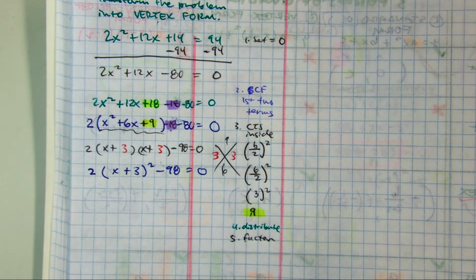Partner B, tell partner A the formula for vertex form. Ready, set, go. Kiana.